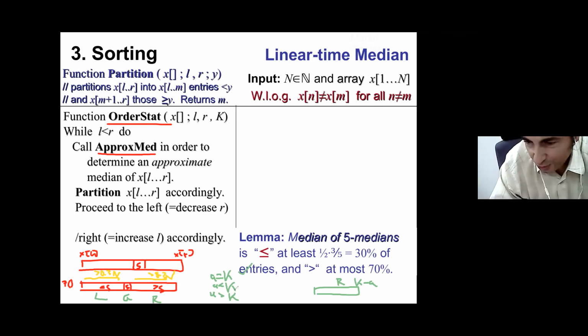Okay, so this is what you do here, and when a is bigger than k, then you simply call it on the left with k. Because you know S has already more smaller elements than what you wanted, so this means that the element with k smaller elements must be somewhere on the left.